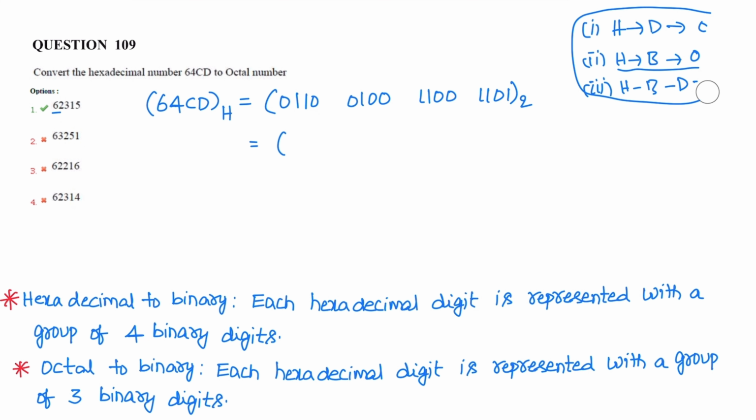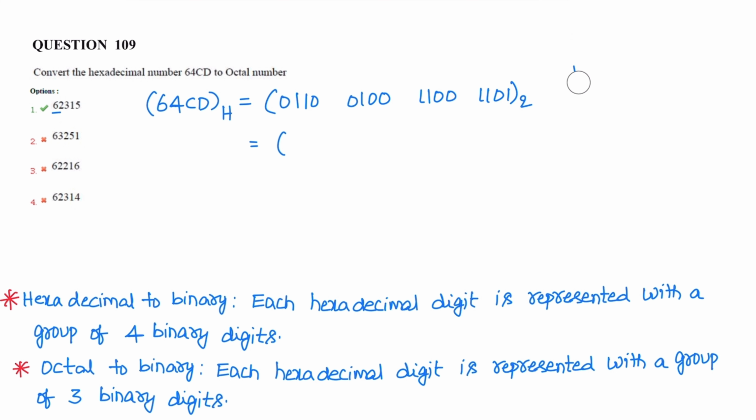To convert hexadecimal to binary, each hexadecimal digit results in 4-bit binary. To convert binary to octal, we need to group 3 bits. For 6, binary is 0110, for 4, 0100, for C, 1100, for D, the equivalent binary is 1101. This is how we convert hexadecimal to binary.